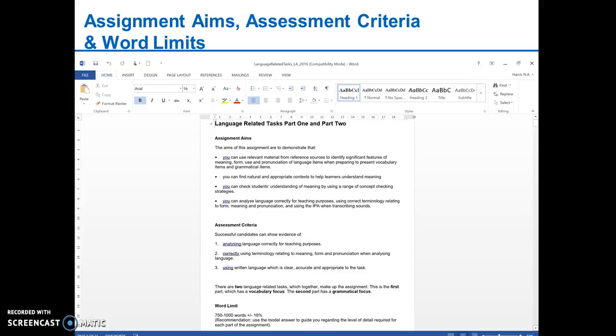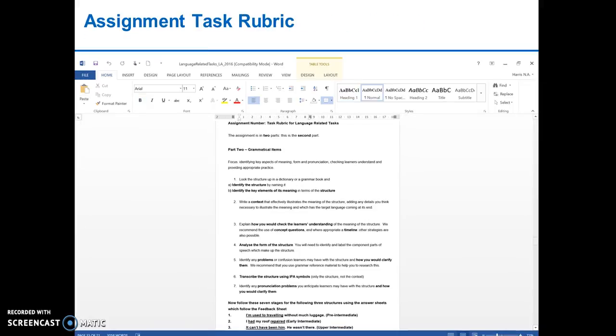We'd like to bring your notice here to the word limit, which, as with all other CELTA assignments, is between 750 and 1,000 words. However, particularly for Part 1 and Part 2 of the language-related tasks, we also encourage you to read the model answers that we provide you with in the assignment pack, as this will give you a clear understanding of the level of detail expected for each part of the assignment and each subsection.